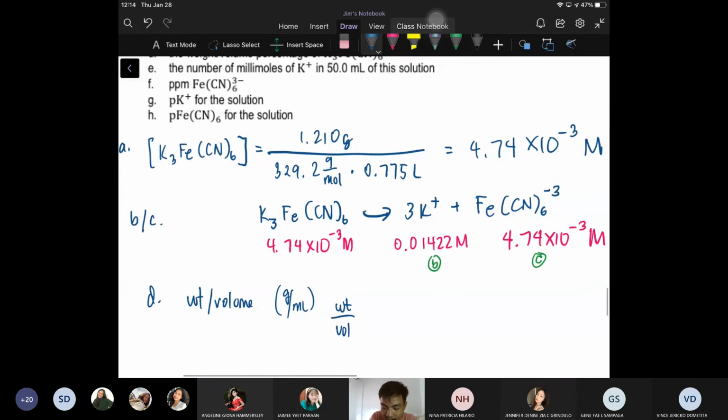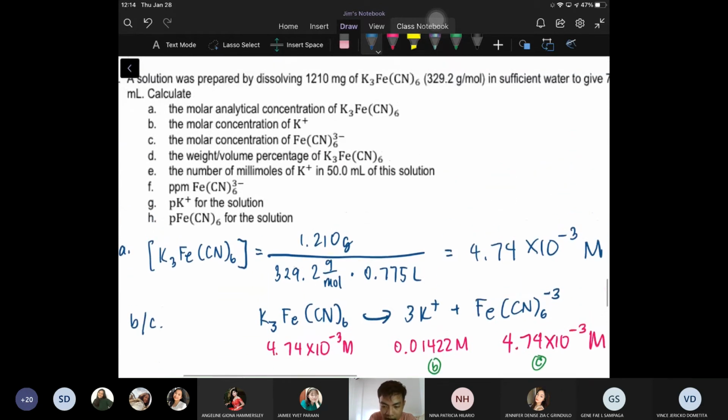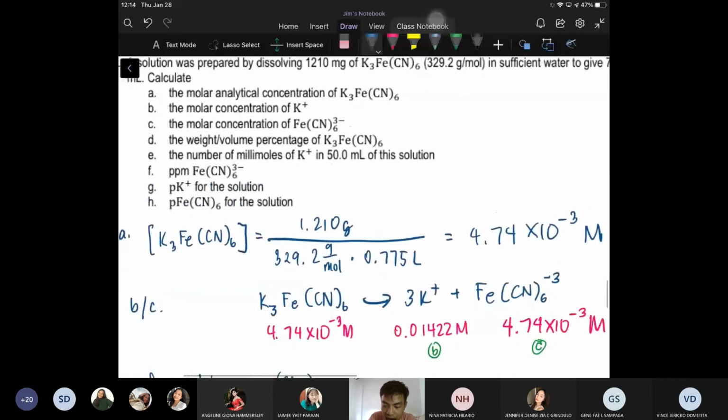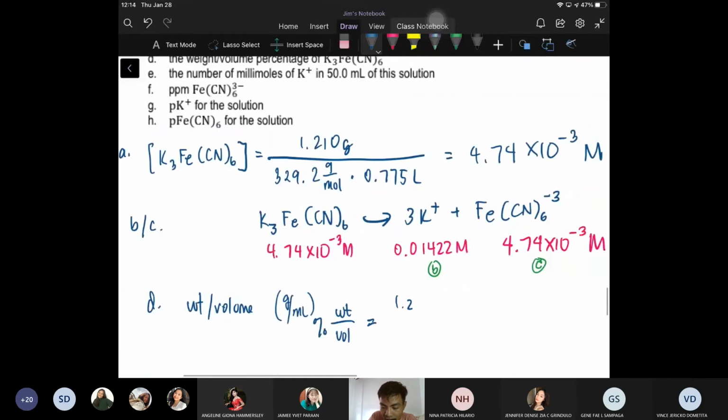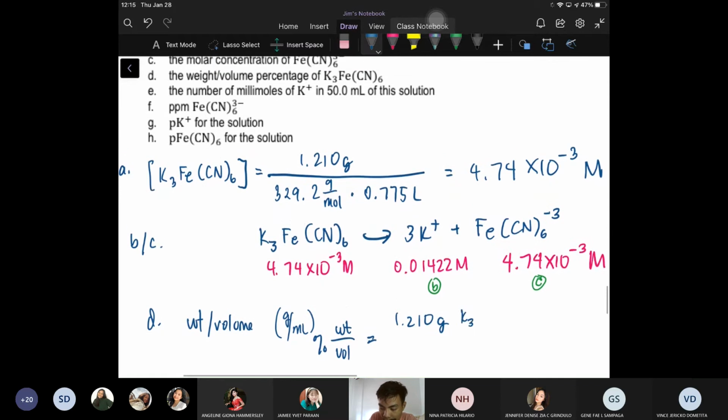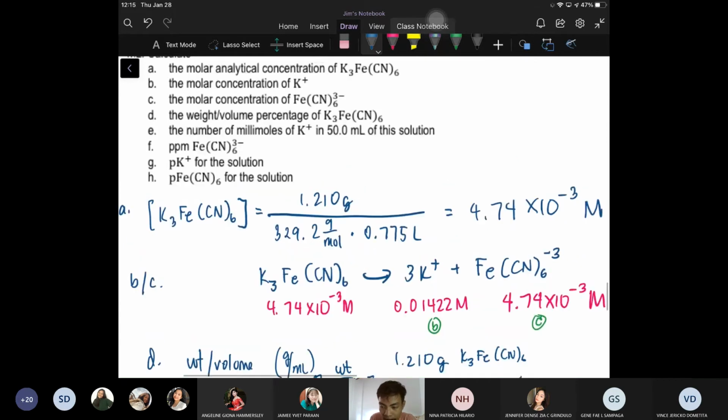Weight, volume, percent weight per volume. So what is the mass of the K3Fe(CN)6? 1210 milligrams, or 1.210 grams. That is the mass of our substance. Let me rewrite that properly. Divided by the volume of the solution in mL, 775.